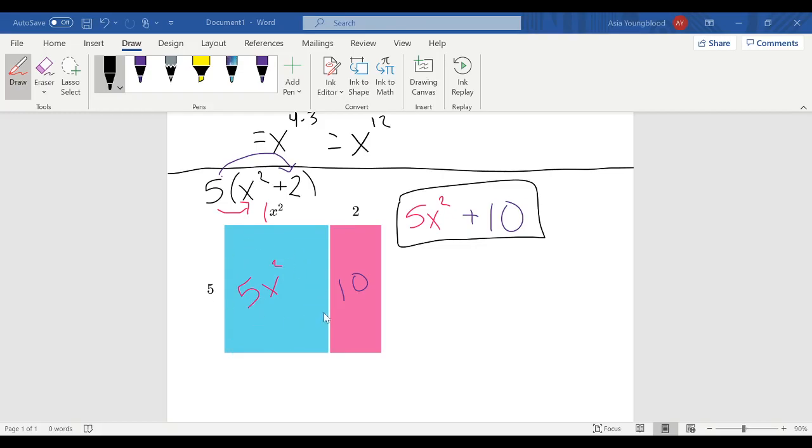So to find this first area, this blue area here, we did 1x squared times 5. 1 times 5 is 5, and then the x squared is just brought down by itself. To find this second area, we did 2 times 5, which is 10. So that's where this 10 came from. And so your final answer you type into Khan Academy would be 5x squared plus 10.